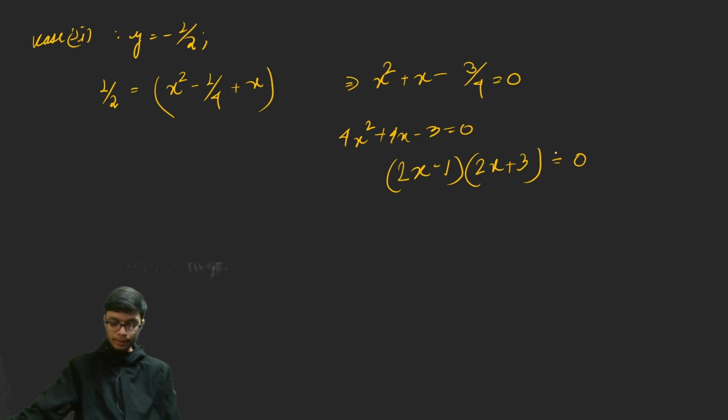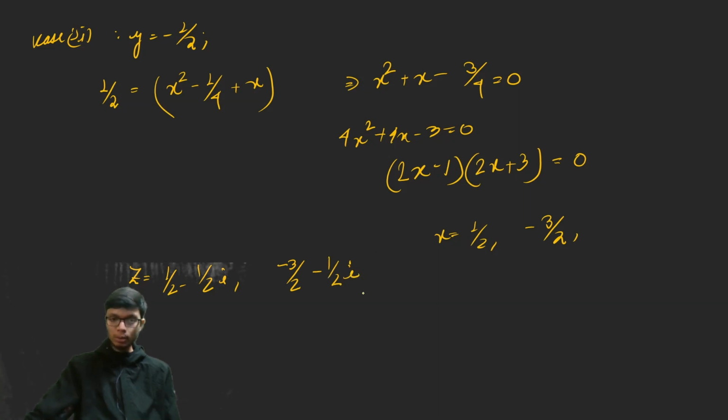Okay, and from here you can get the roots as x is equal to half and the other root as minus 3 by 2. So from here the possible complex numbers are z equal to half minus half iota, or minus 3 by 2 minus half iota. Okay, so these are the possible complex numbers.